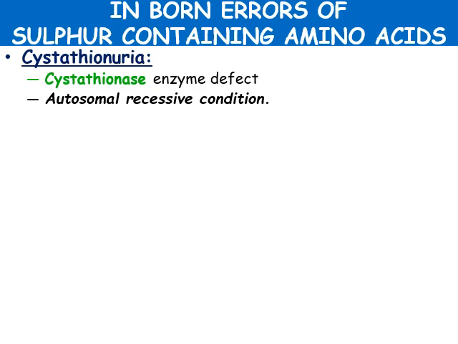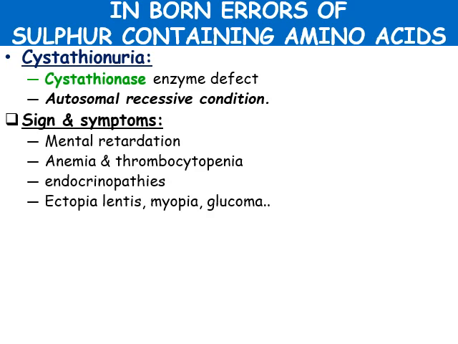The second condition is cystathioninuria. It is due to a defect in the cystathioninase enzyme that converts cystathionine to cysteine and homoserine. It is an autosomal recessive condition.